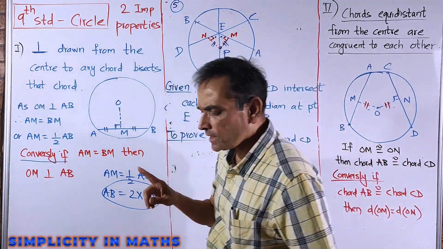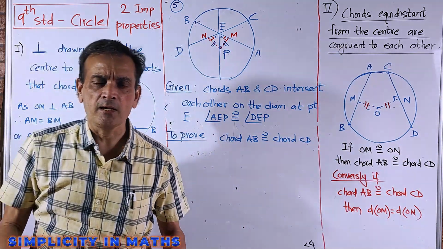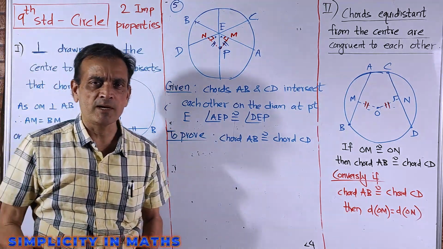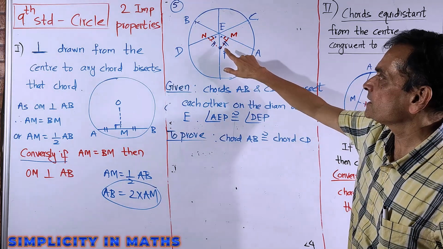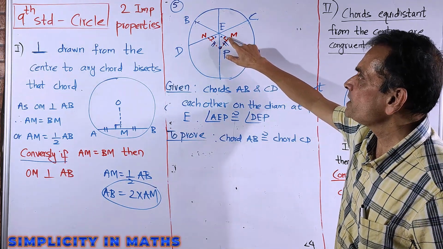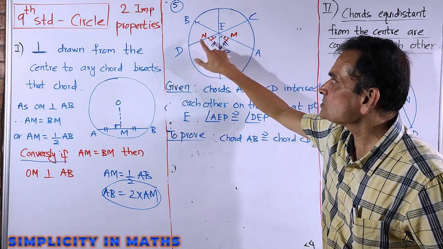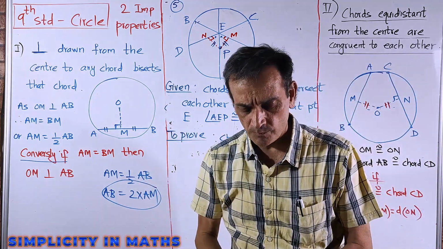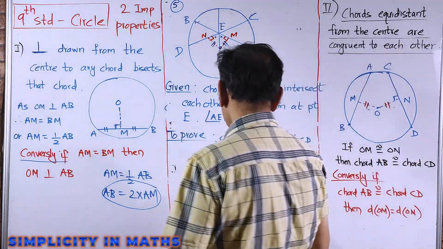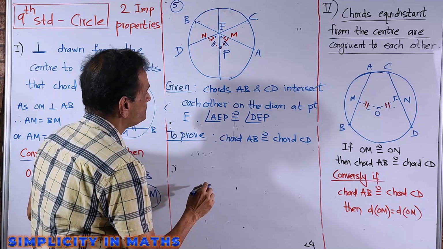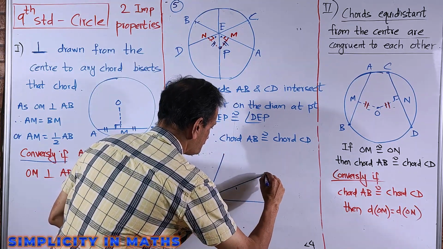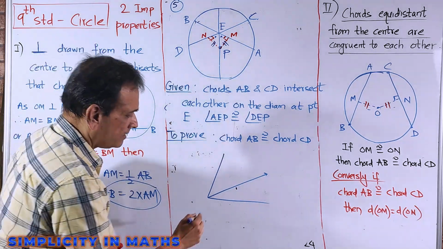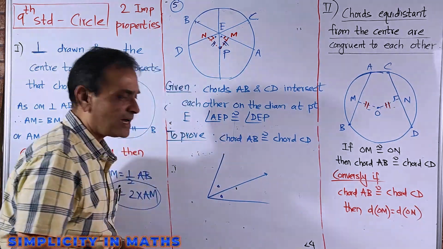Now I remember, what is the property of the angle bisector? What is the property of angle bisector? Any point on the angle bisector is equidistant from the sides of the angle being bisected. If I take an angle like this, suppose this is the bisector.